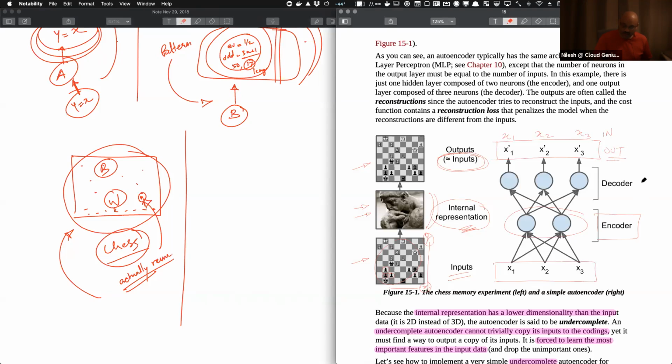But at the same time, this encoding and decoding is able to understand the essence of the underlying data. So there is some encoding happening here, and there is a decoding step happening. It's going to reconstruct the whole board as it was, and it will attempt to replicate what the input was. And thereby we are able to get this encoding and decoding to happen.